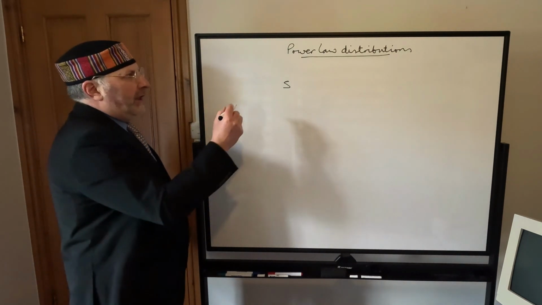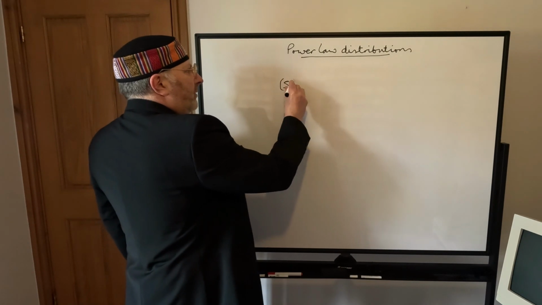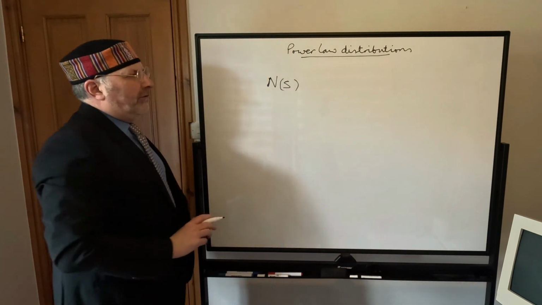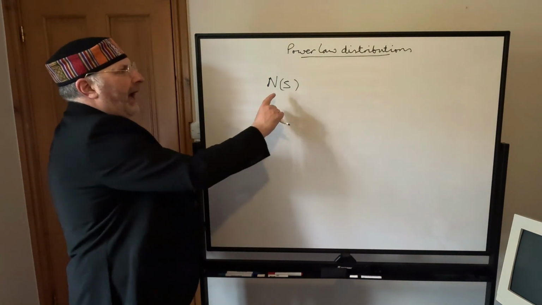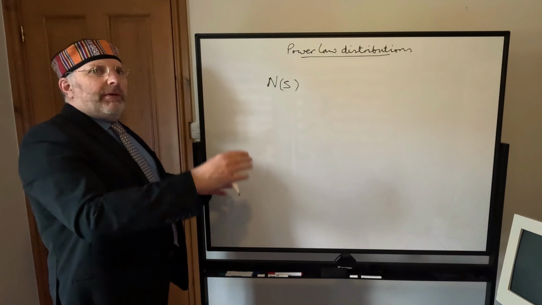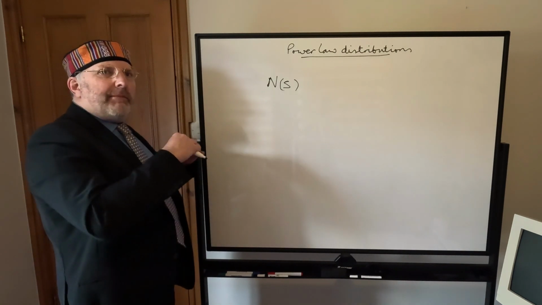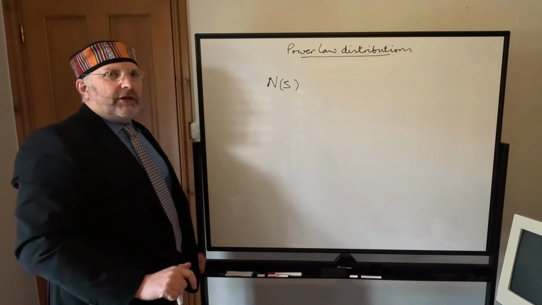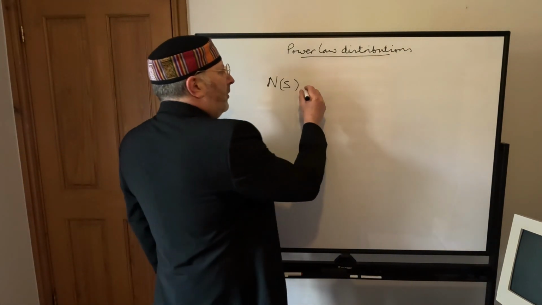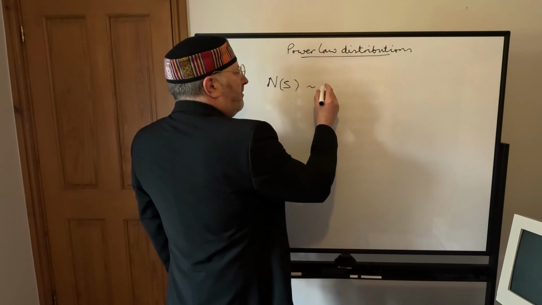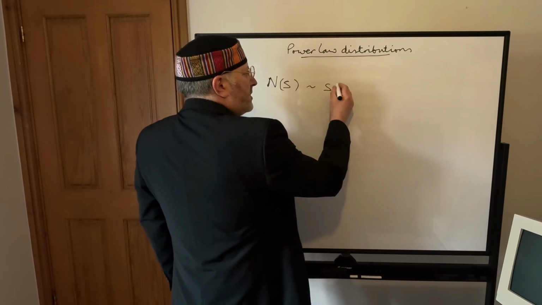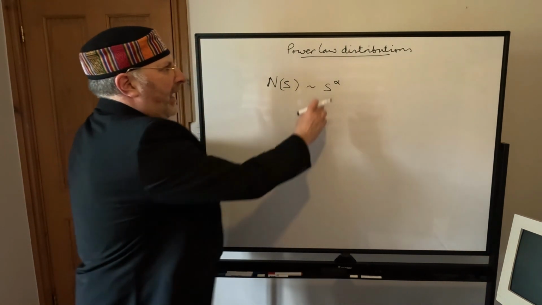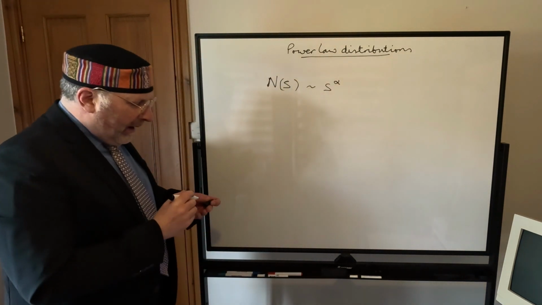So what we're interested in is the number of items, n, of each different size. How many cities are there with a population of 1 million compared to how many cities there are with a population of 10 million? So we're interested in the number of each size. And when we say it's a power law, it means that that number is proportional to the size S to some power, alpha, the exponent of the power law.